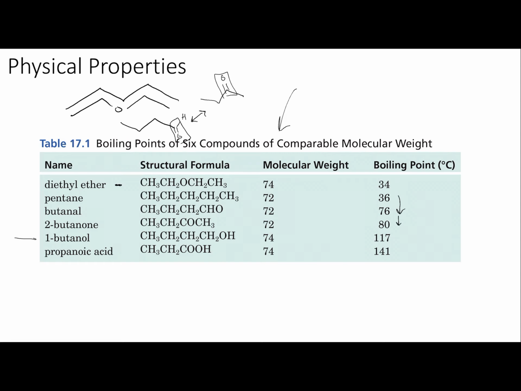And then you can see butanol, the alcohol, and the carboxylic acid. So butanol doesn't even really matter which butanol. There's just one of them, one butanol, and then propanoic acid. So polar and hydrogen bonding, polar and hydrogen bonding.